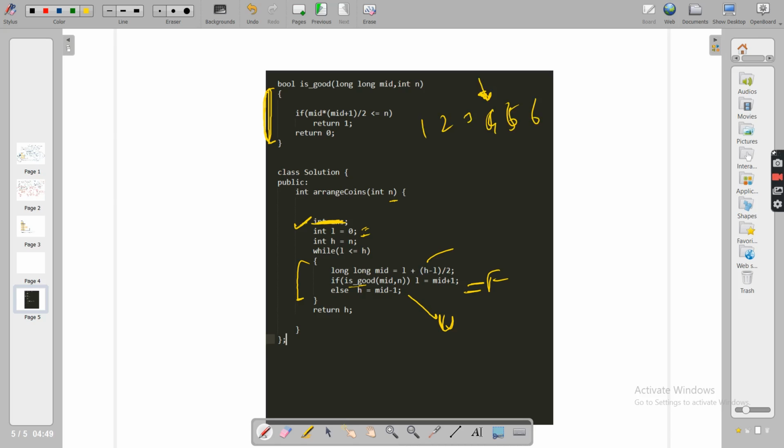You want to check the sum till this 4, starting obviously from 1, whether it is greater than n or lesser than n. That is why you are having n. So what you did, you saw mid into mid plus 1 divided by 2. If its sum is lesser than or equal to n, you say that yeah, my sum up to this is lesser than or equal to n. So this is also in the favorable zone. So this is how you will decide favorable and unfavorable this time.